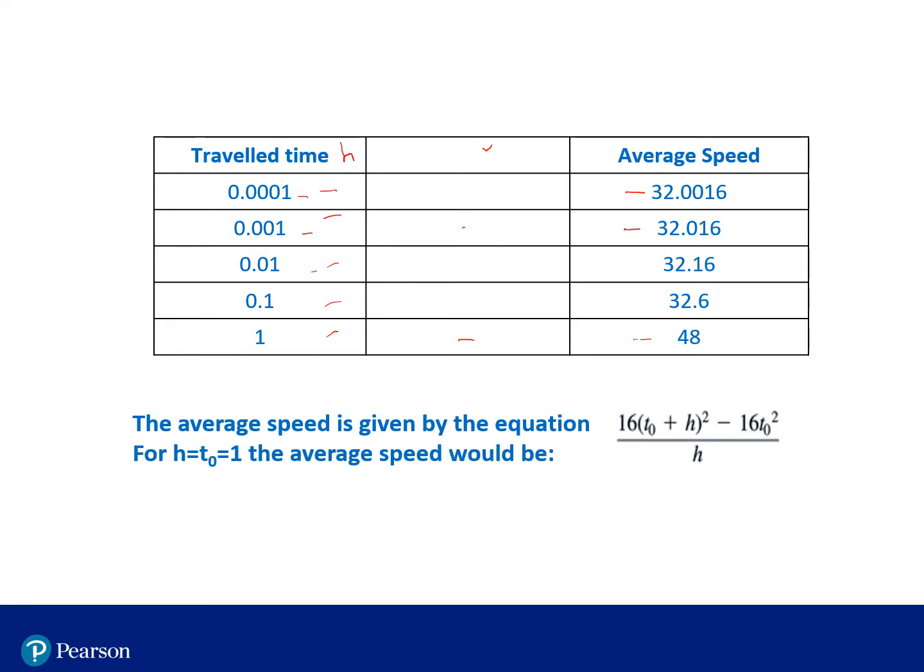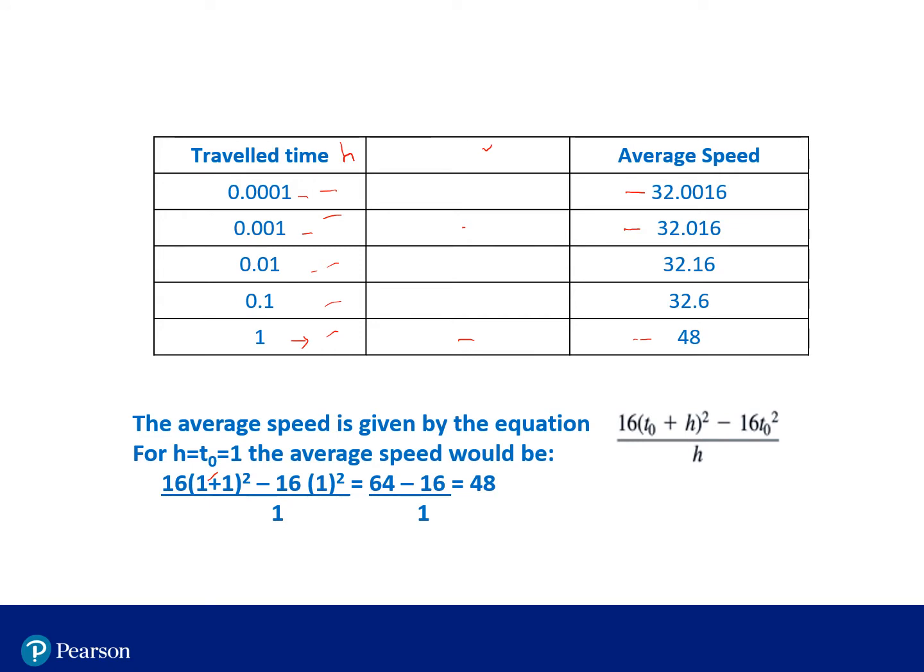How are we going to do it? We have to look at, for example, when h is equal to 1. It all applies for all of them, but it's easy to do h equal to 1. When h is equal to 1, we also assume that t0 is equal to 1. So we plug into this equation t0 equal to 1 and h equal to 1.